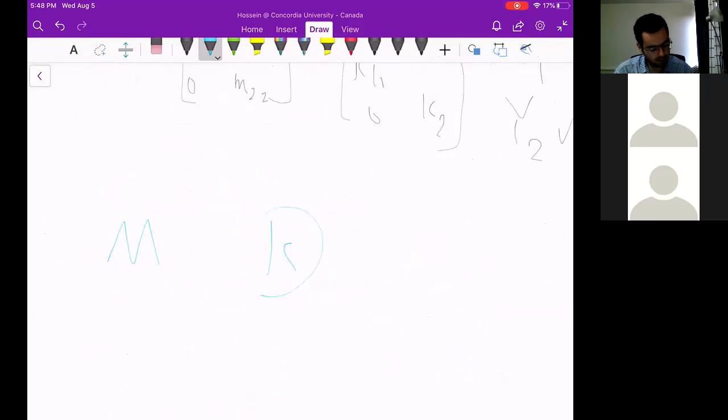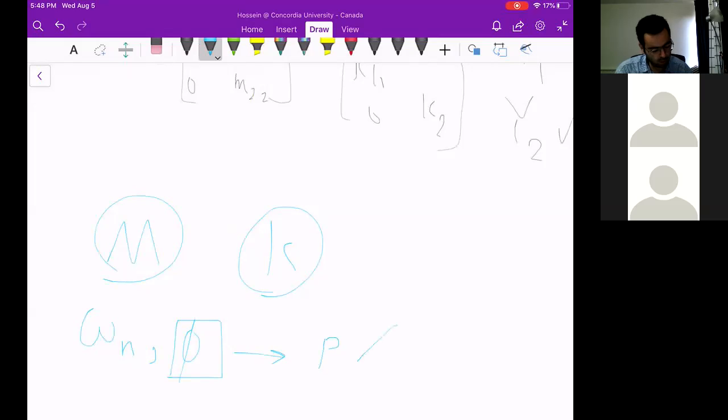You have the natural frequencies and the mode shapes, and by having the mode shapes you can construct the P matrix.